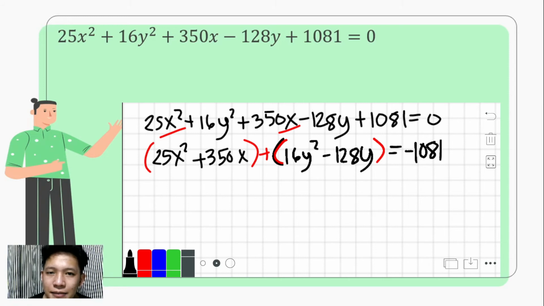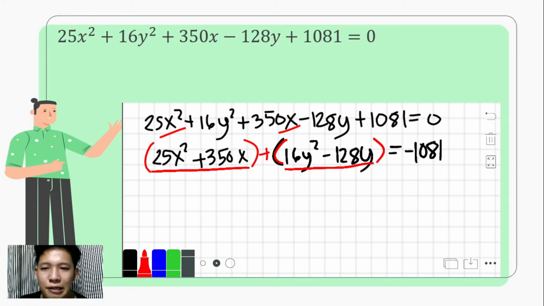And tulad ng ginagawa natin, just like a circle and kay parabola, before we complete the square of this group, we first factor them out, making x squared and y squared have the numerical coefficient of 1. So this would be what?